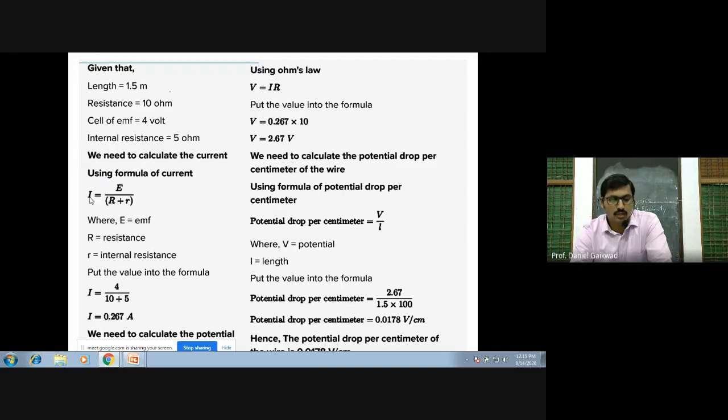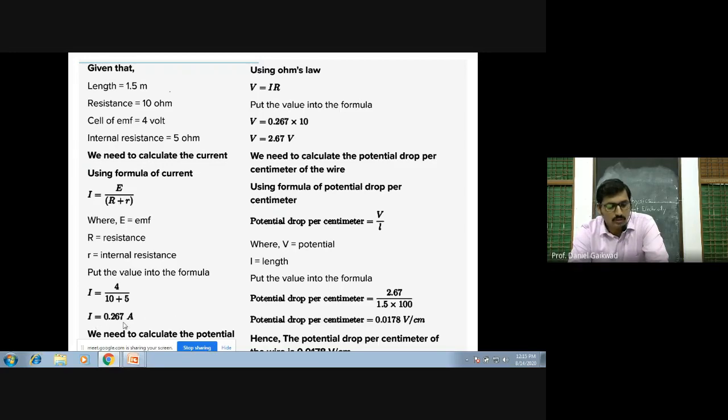So current I in the circuit is total EMF E divided by total resistance, which means resistance of wire and internal resistance of cell. Replacing the values, I is equal to EMF 4, capital R 10, small r 5. Solving this, we have I is equal to 0.267 ampere.